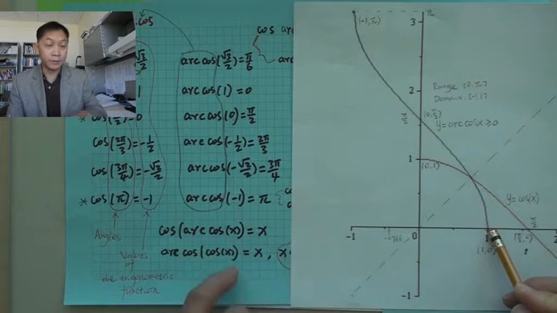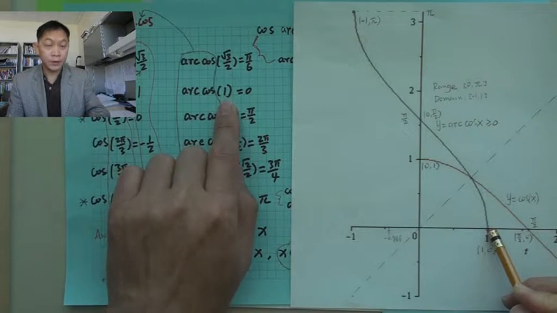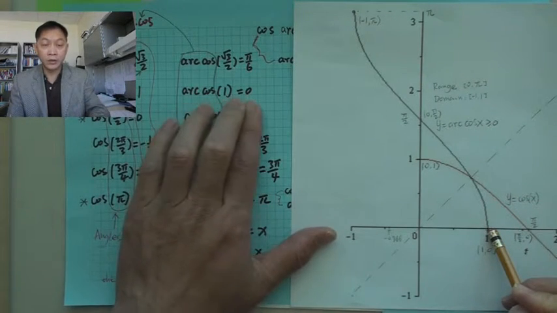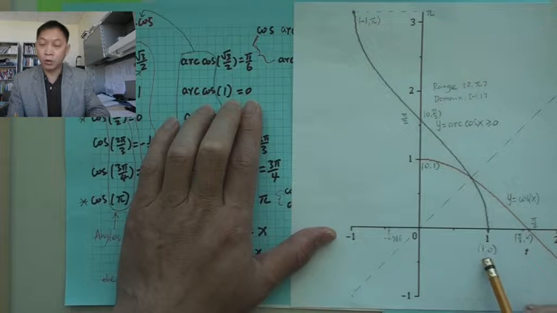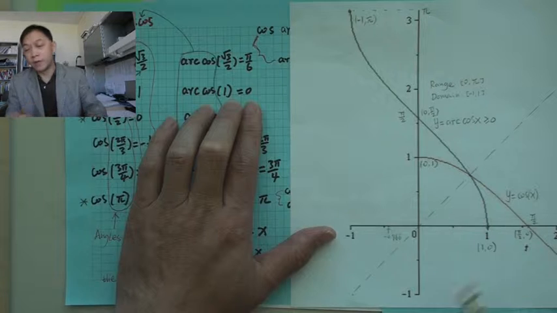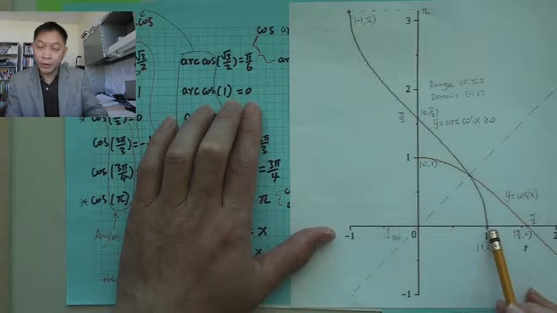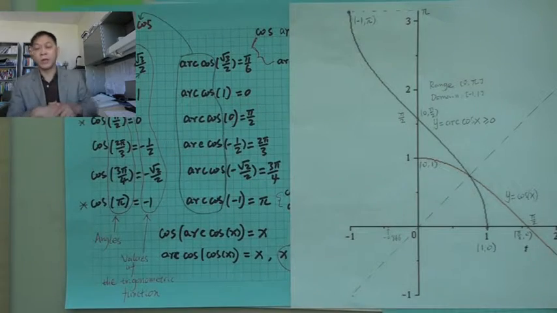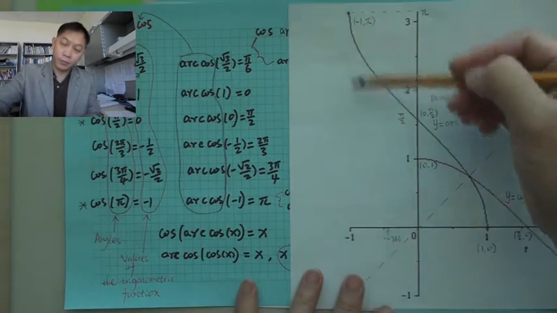For x equals 1, y is 0. So (1, 0). So for the trigonometric value 1, you have angle 0. So that's the picture.